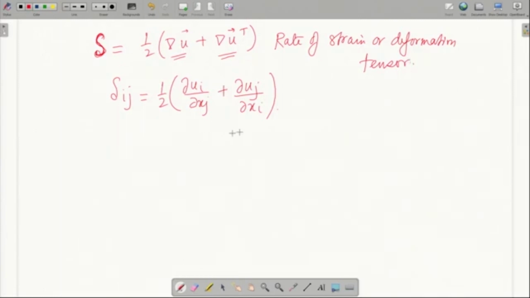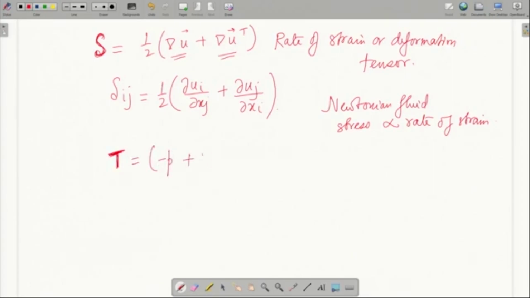And remember that because we are handling a Newtonian fluid, we have stress proportional to rate of strain, and based on that the stress tensor T has this expression.